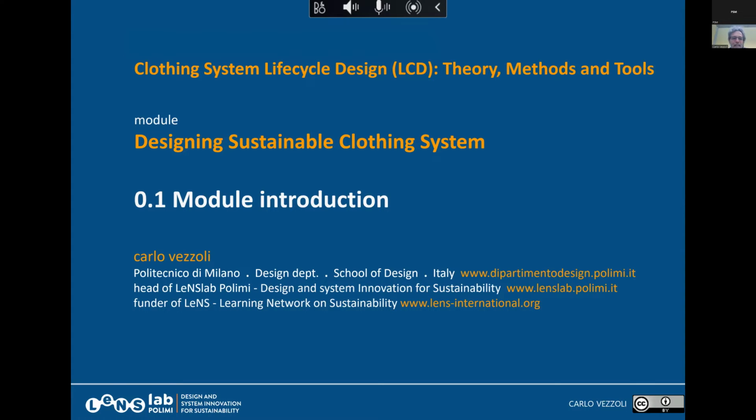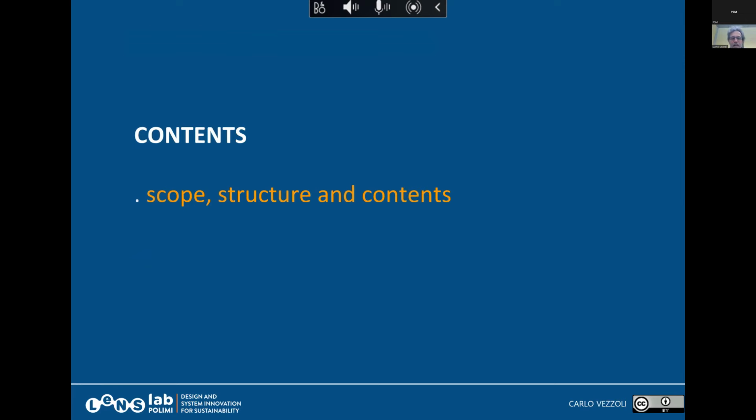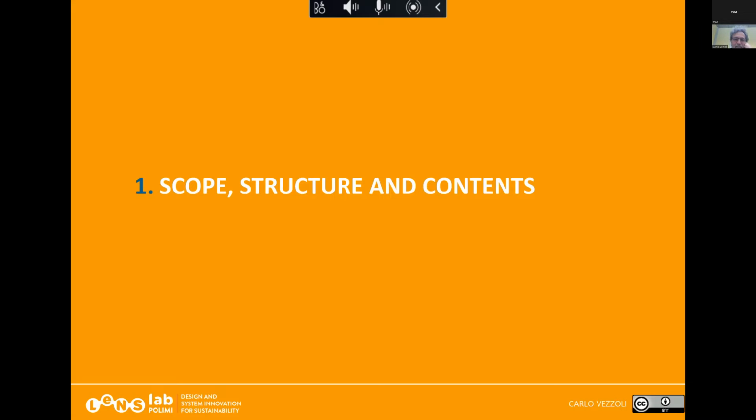So, let's start. Here we will see the scope and the structure, the bibliography and some other e-learning resources. About the bibliography I already told, but there is something else that I want you to be aware of.